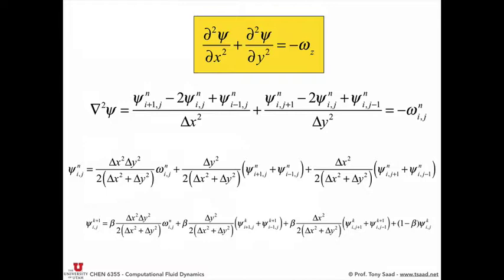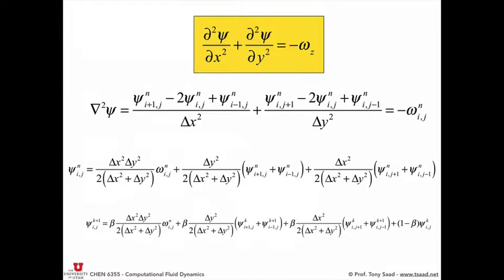Okay. Now, what this really is, is a system of linear equations. If you write this for psi 0 0, psi 0 1, psi 0 2, and then psi 1 0, and so on, you're going to get one equation at every single point in the domain.